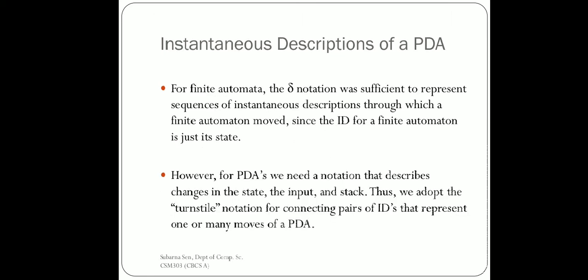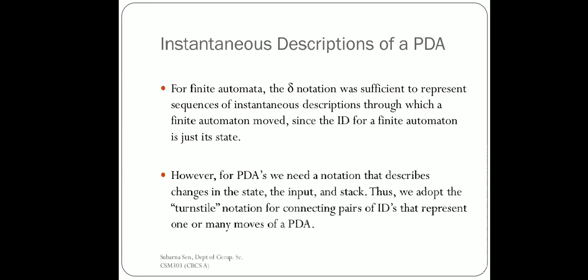Now for a finite automaton, the delta notation was sufficient to represent the sequences of instantaneous descriptions through which a finite automaton moved, since the ID for a finite automaton is just each state, right? To describe a finite automaton, we only need to know in which state we are, and that ultimately describes the DFA. Whatever input we feed into it, it will act accordingly.